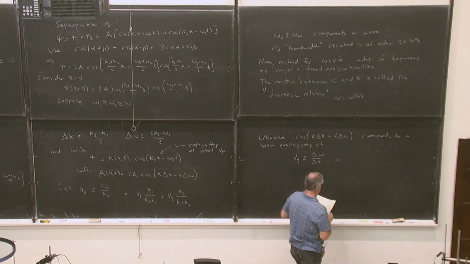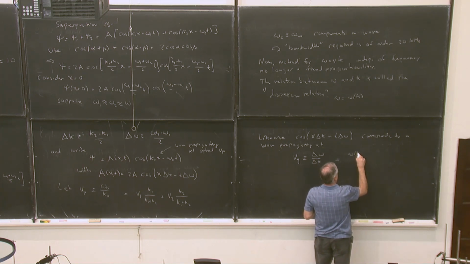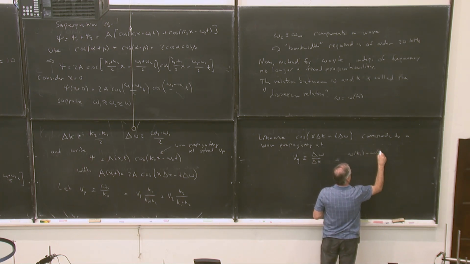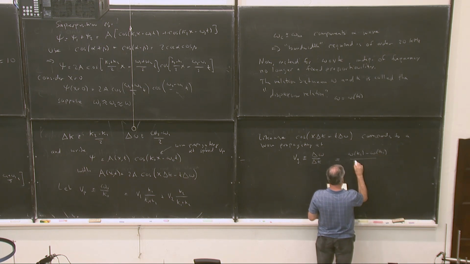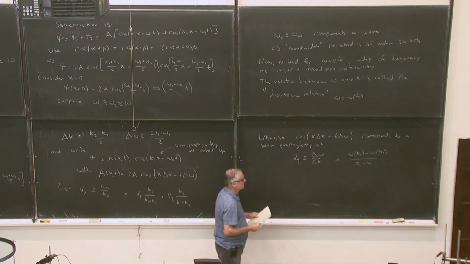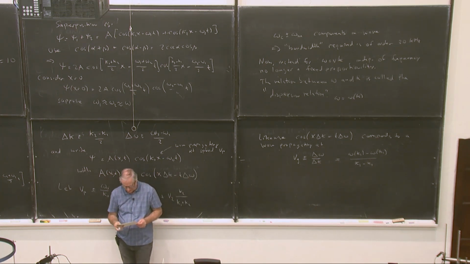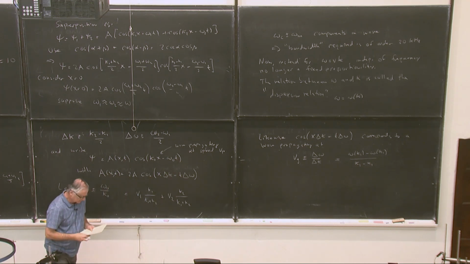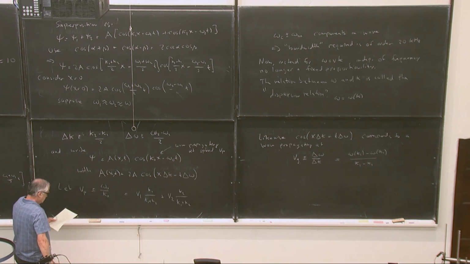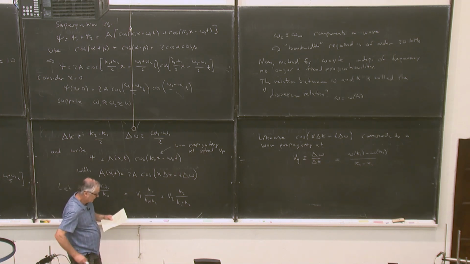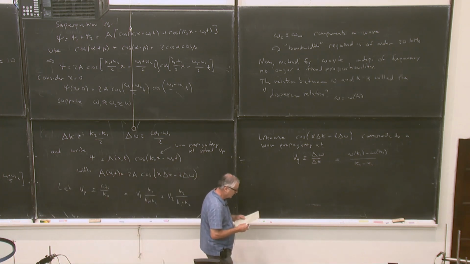If I insert it, this is omega of k2 minus omega of k1 divided by k2 minus k1, in terms of what we call the dispersion relation. So we haven't made any approximations that omega 1 is equal to omega 2, but that's where this is most useful to think about. So that's the underlying thing that we'll think about here.